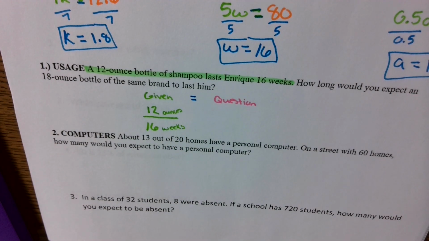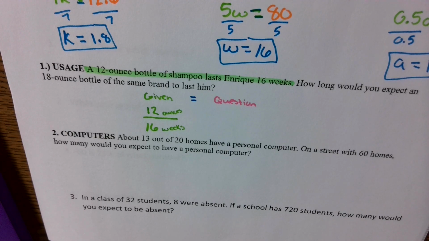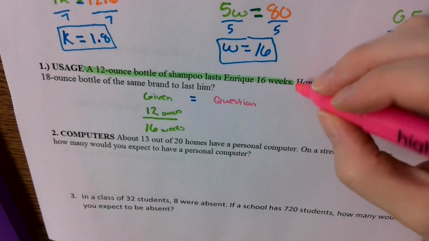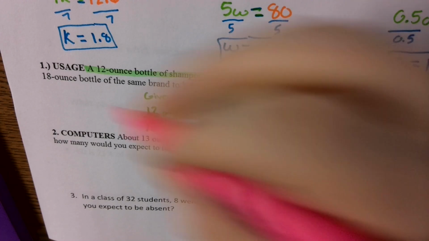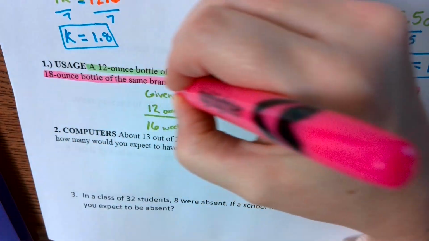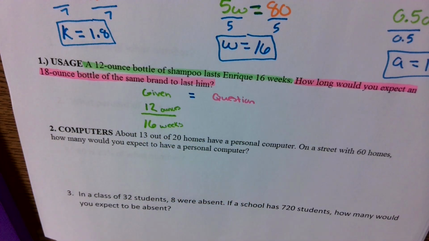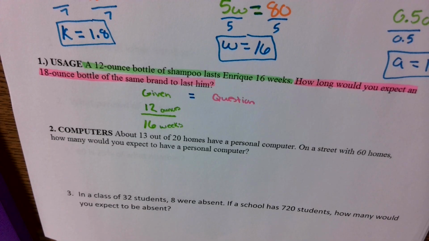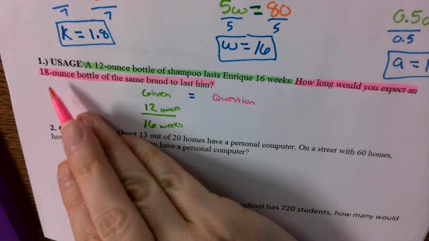Again, this is going to help me when I have to set up the question, because the question is asking how long 18 ounces is going to last. So the only information that the question gave me was 18 ounces.